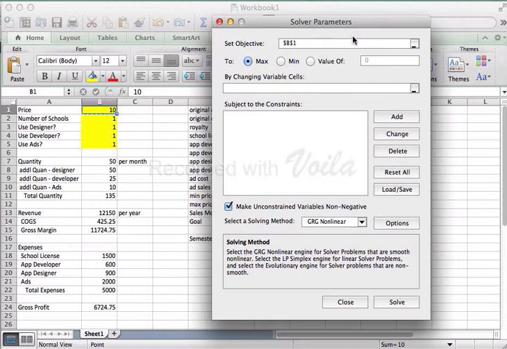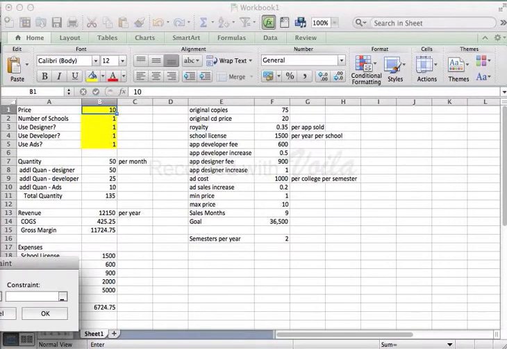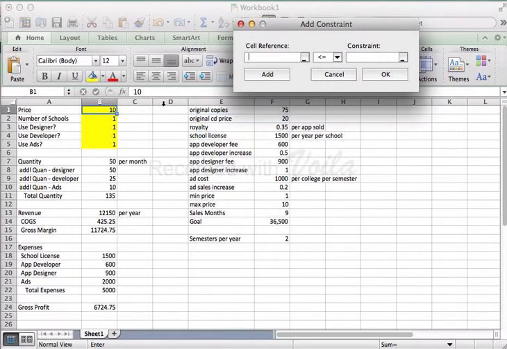So if we were using Solver, my objective is gross profit by changing variable cells, which are all of these. What are my constraints? Well, my price has to be less than or equal to my maximum price. And my price has to be greater than or equal to my minimum price.